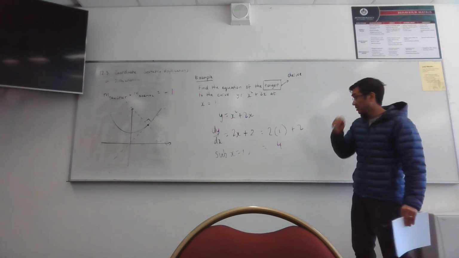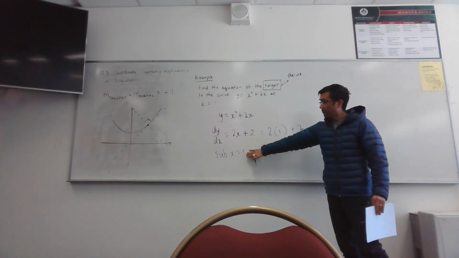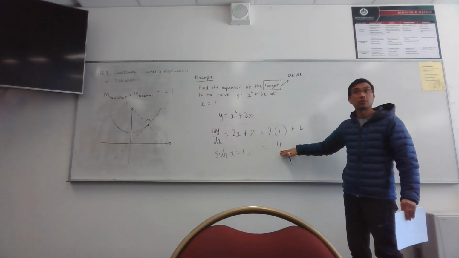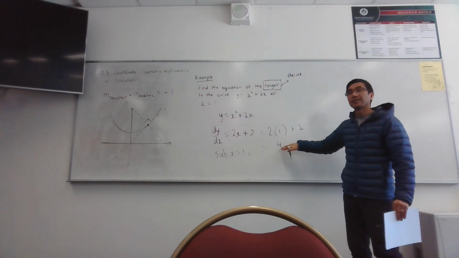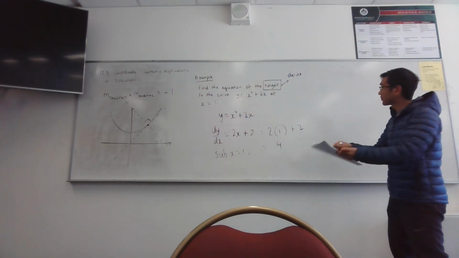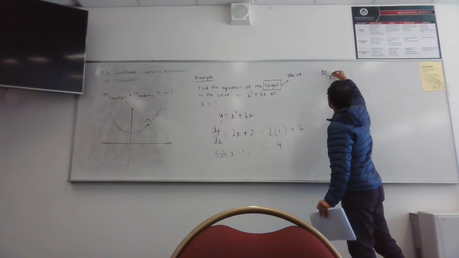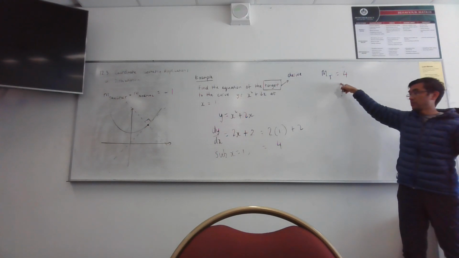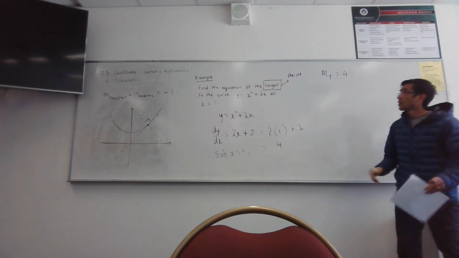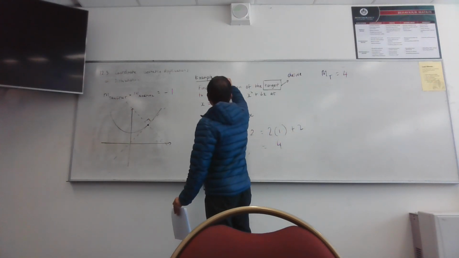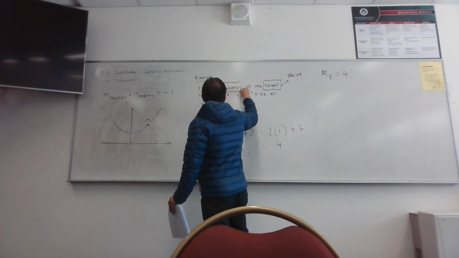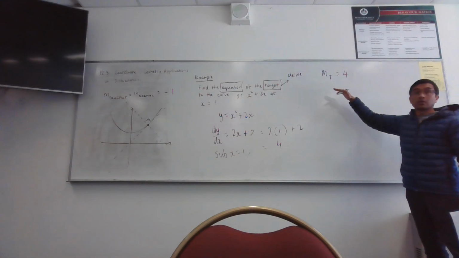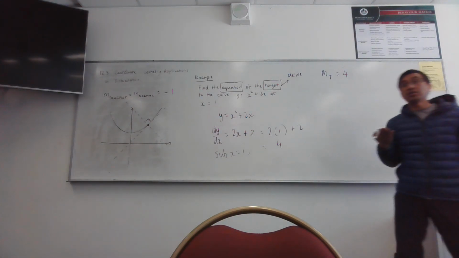What does this mean in English? On our graph at x equals 1, the tangent is a 4. The gradient's a 4. This will all make sense in a second. We're just going to build it up. So we now know that the tangent gradient is 4. But after the equation of the tangent, what is a tangent?